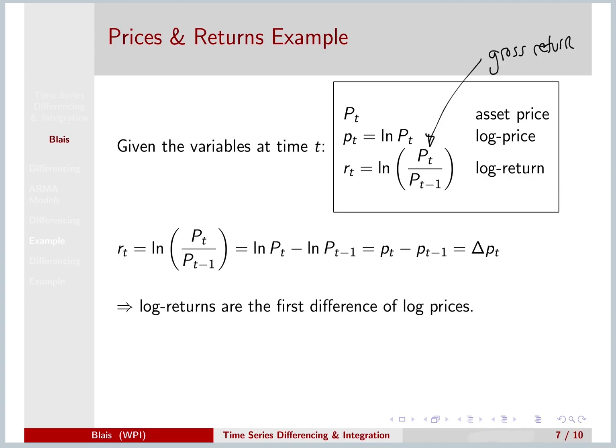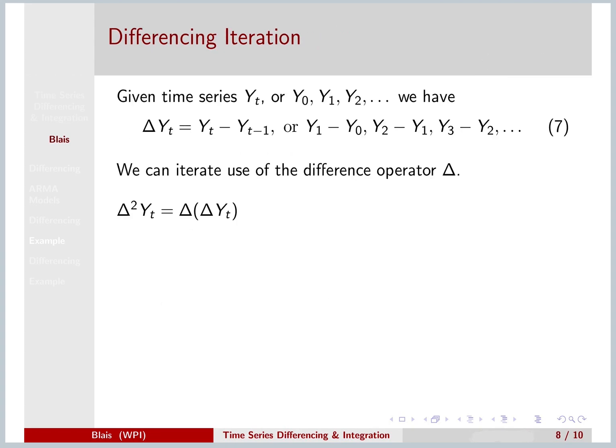Now this suggests something. When we say the first difference, we can do it more than once. So if you have your time series y_t, this is our difference as we just defined it. But we can iterate. So we can use the difference operator again. So delta squared y_t would be, we can rewrite that.